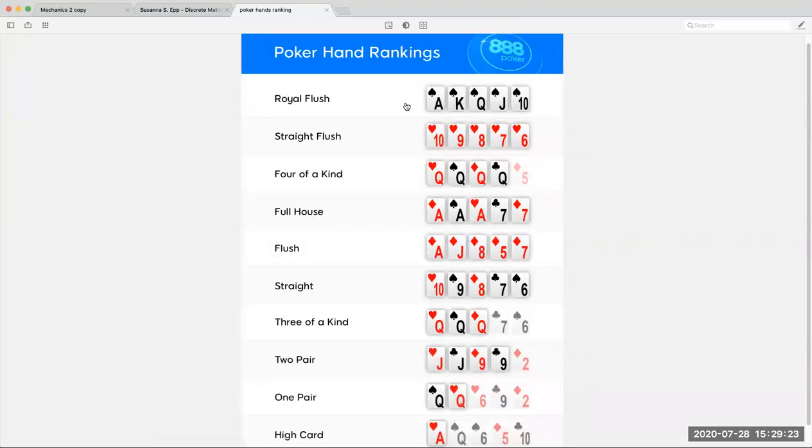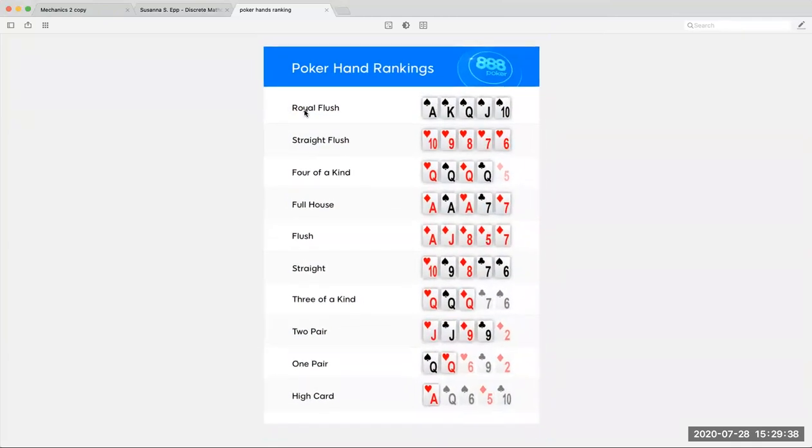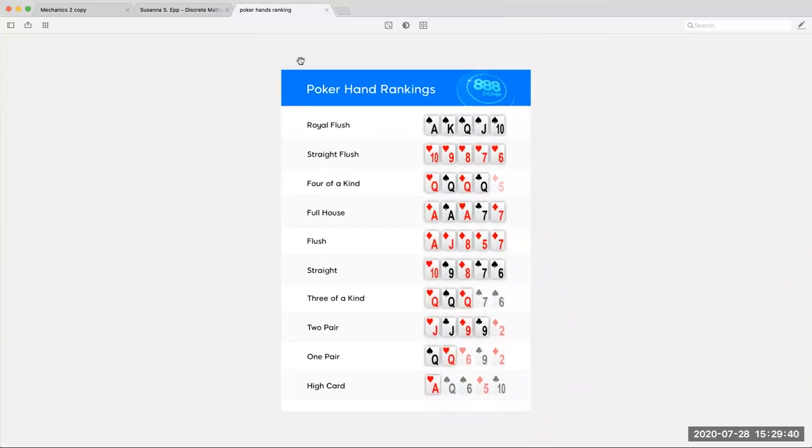Can you see my screen? So this is one game of the card game. Do you know how to play this card game? No. At least you should know that there are 52 different cards, excluding the joker.